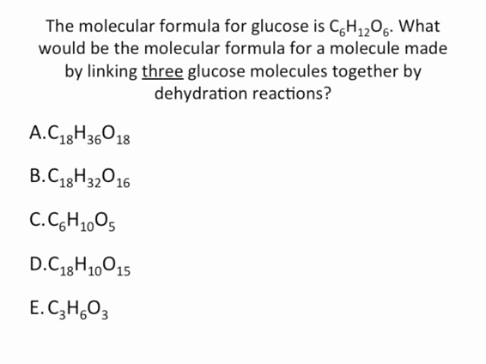In order to link these 2 together, I need to remove H2O. So in order to link 3 molecules of glucose together, I'm going to be removing 2 molecules of H2O. So 2 oxygens, 4 hydrogens. So I'll have C18, but I'm going to have H32O16, right? So that would be B.